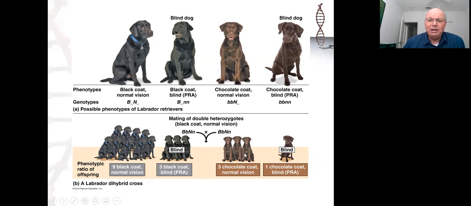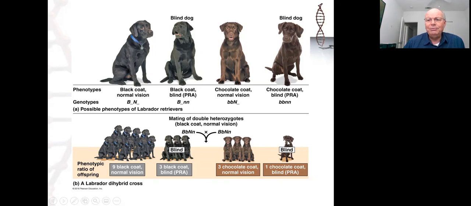Then in terms of coat color, chocolate is considered to be the recessive coat color, and normal vision is the dominant, fortunately, vision trait. And so here's the other dominant recessive combination. Normal vision, the dominant trait, and chocolate coat color, the recessive coat color.